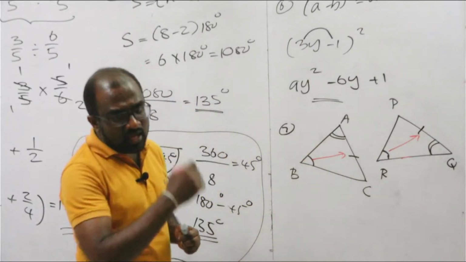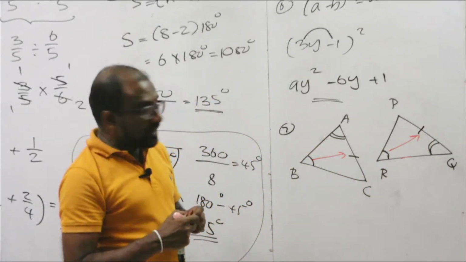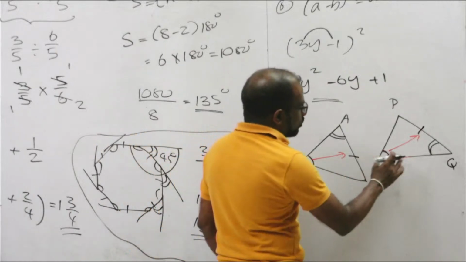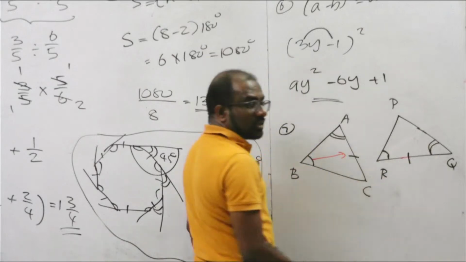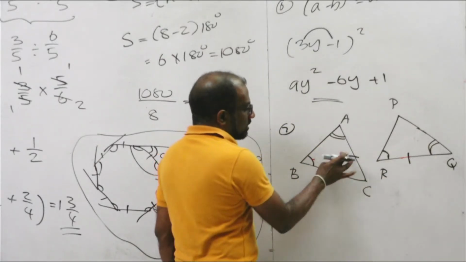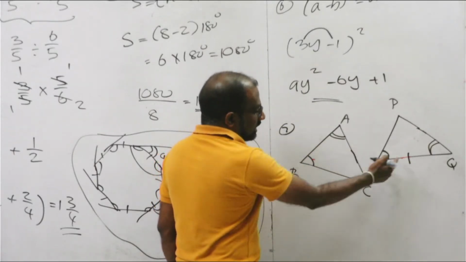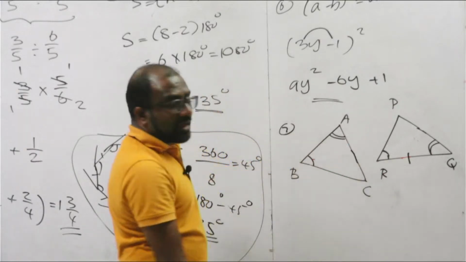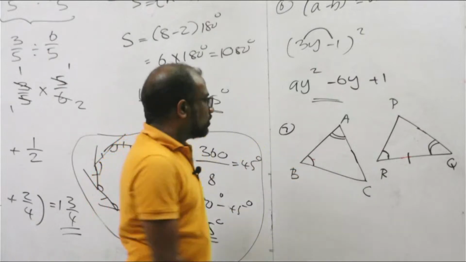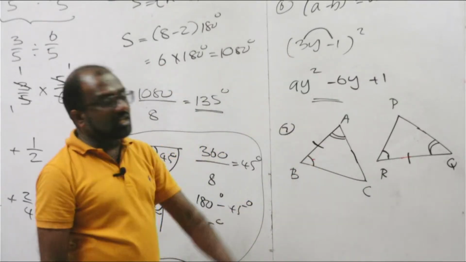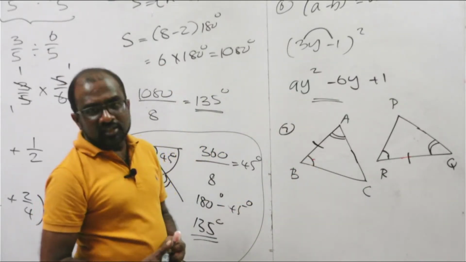Clear? Otherwise, in triangle PRQ the equal side is between the two equal angles, so here too it should be like that. Now they are congruent.